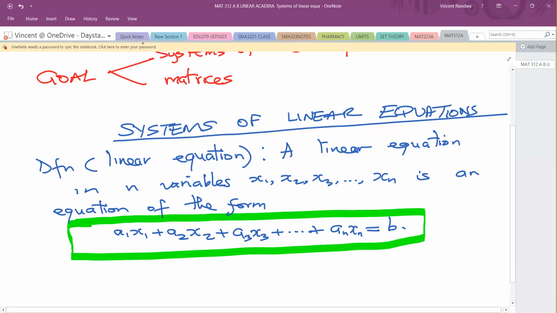So the numbers A1, A2, A3 up to AN are called coefficients. B is called the constant term.